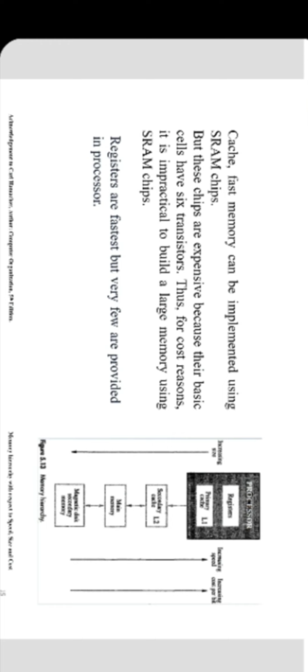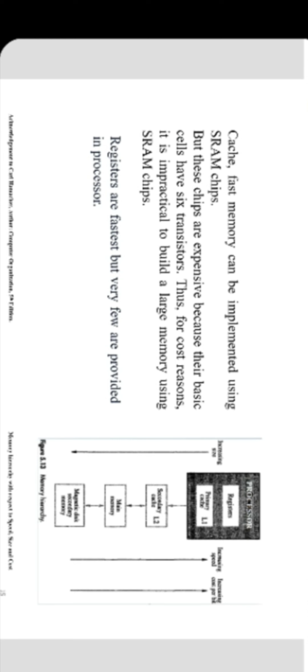These are very expensive, because the number of transistors used for every cell, which stores 1 bit, is 6 transistors. The circuit is complex and consumes more transistors, hence they are very expensive but faster. Because of cost reasons, it is impractical to build a large memory using SRAMs.